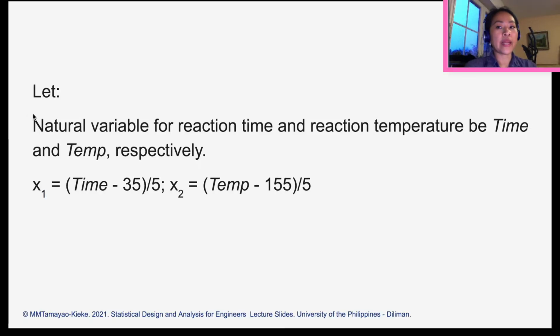So we let the natural variables for reaction time and reaction temperature be time and temp respectively. To determine the values of the coded variables, we use the following equations. x1 is equal to the quantity time minus 35 all over 5, and x2 is equal to the quantity temperature minus 155 over 5.